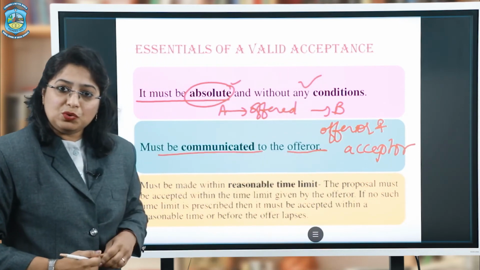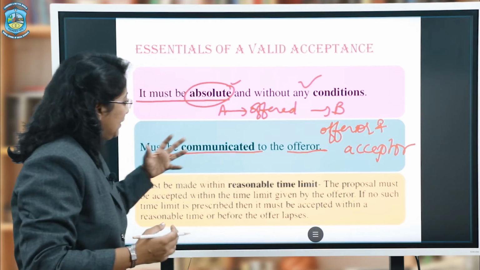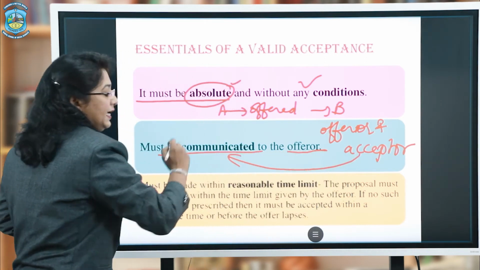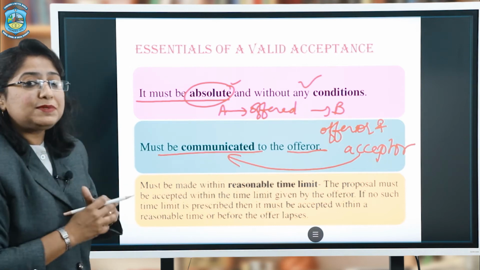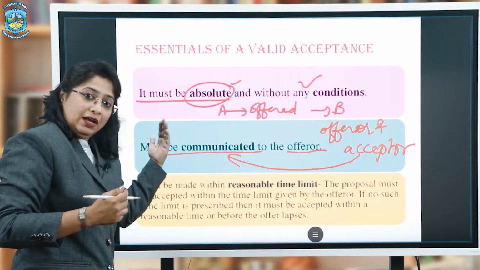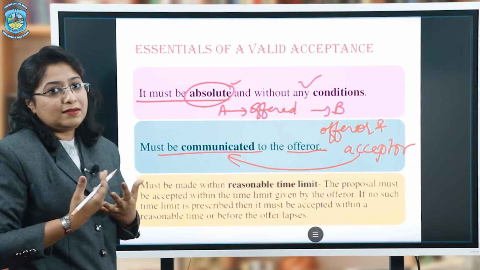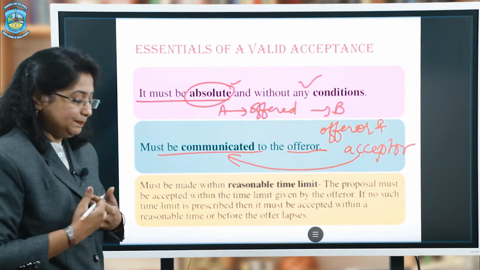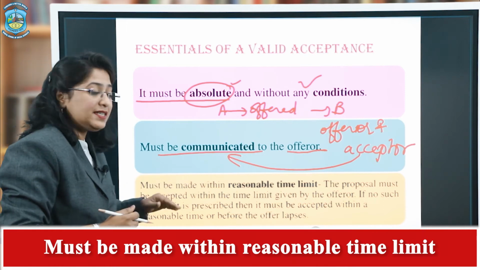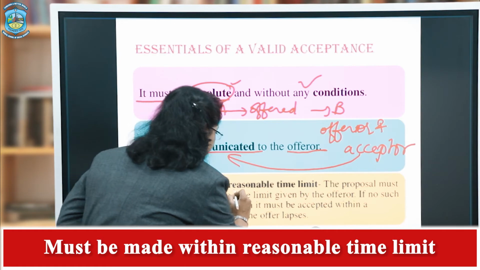The offerer is the person who makes the offer, whereas the acceptor is the person who accepts it. Now, it is important for the acceptor to communicate the acceptance to the offerer, failing which the acceptance cannot be considered.